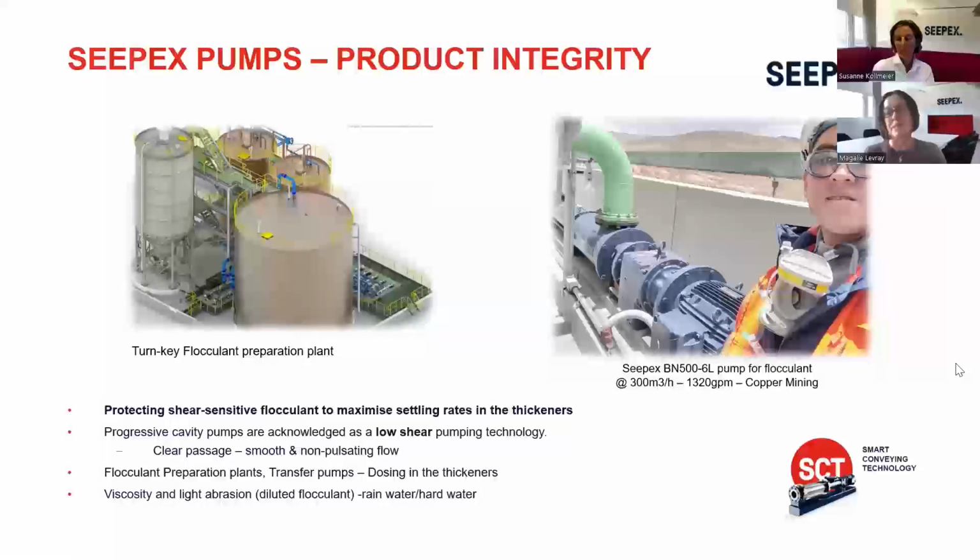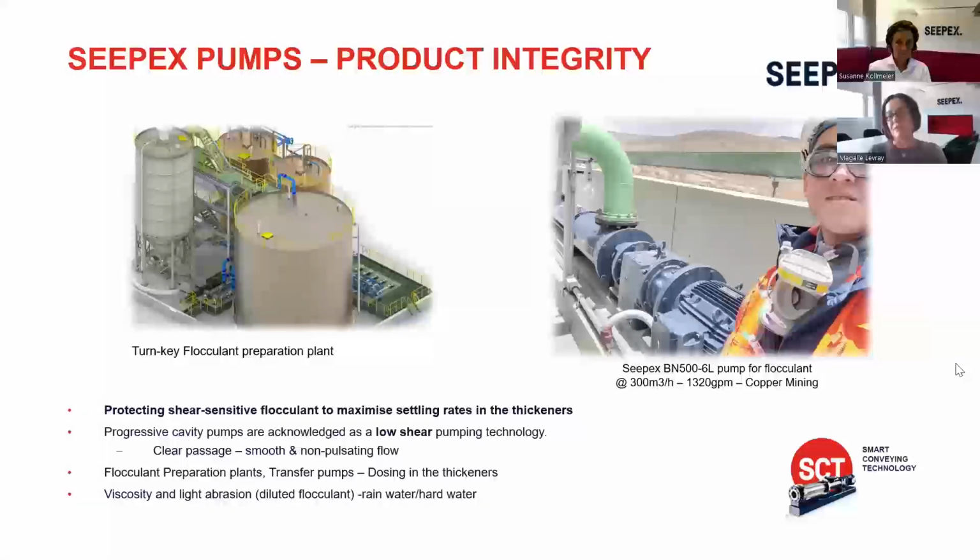So we will have dosing pumps, transfer pumps, and injection pumps to dose the flocculant in the thickeners after it's been prepared. And here we are dealing with medium viscosity and light abrasion, especially when we have diluted flocculant and when we use rainwater, which can have some abrasive particles.